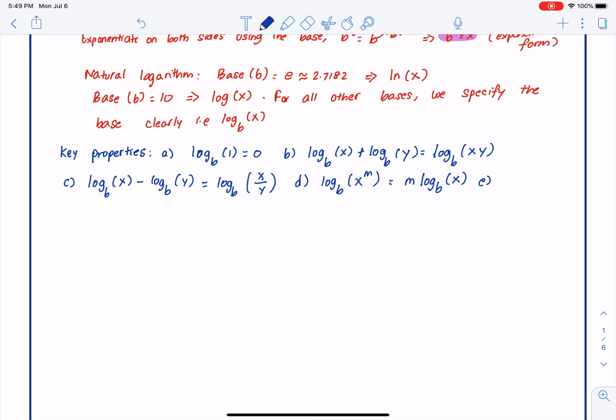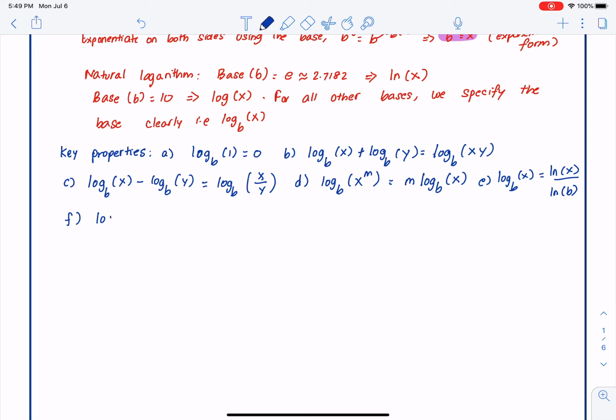And lastly, we could write a logarithm of some random base in terms of the natural logarithm. And oftentimes in mathematics, we try to go for the natural logarithm. So we tend to write everything in terms of the natural base, I'm sorry.